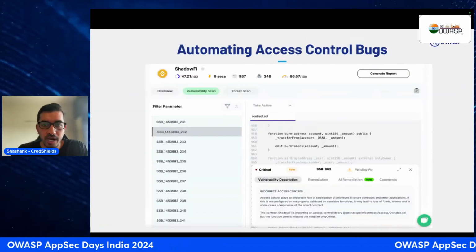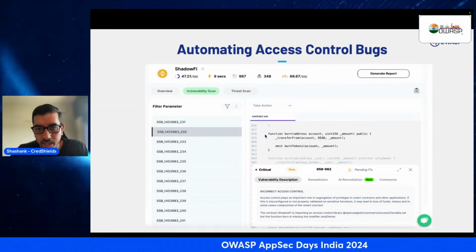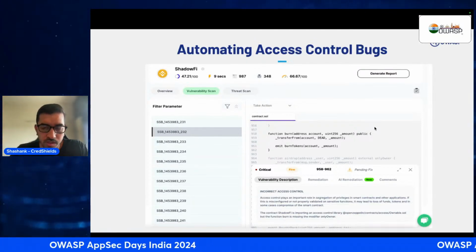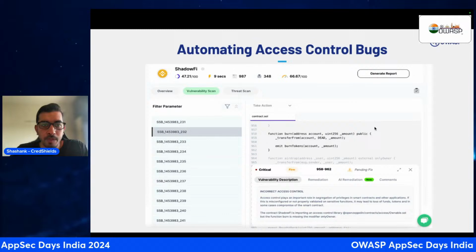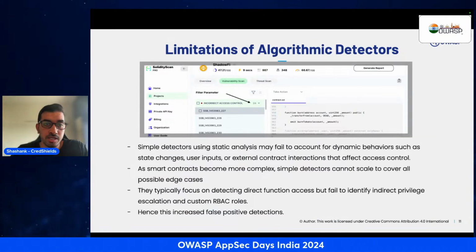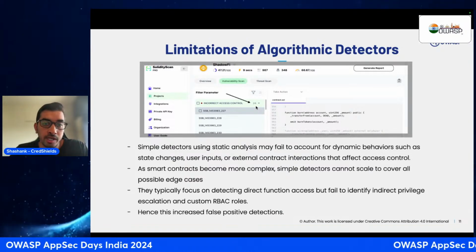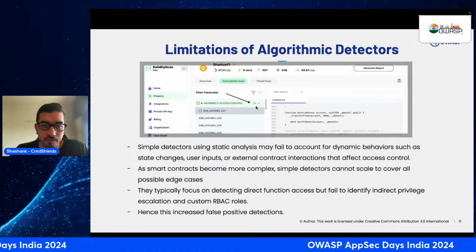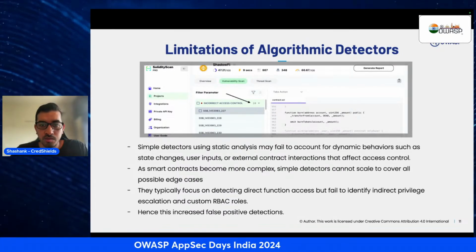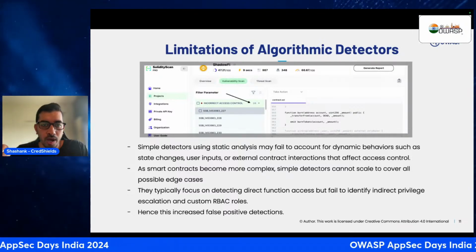If we do that, you can see that using automation, we can detect that this function is missing access control. But there is a problem with that. The limitation is, if we write an automation for that, the automation detected 24 such cases where only one was valid, because other functions either had some sort of access control, or didn't require it.